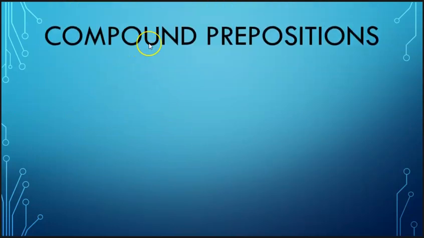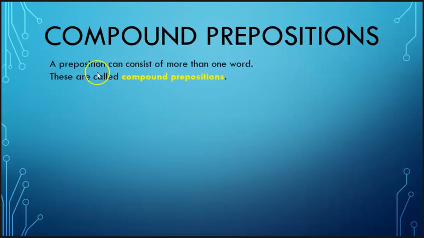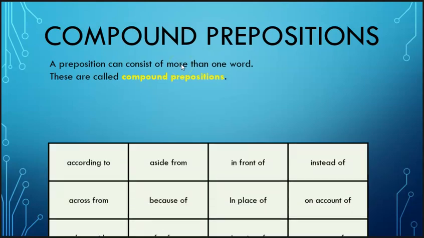Some prepositions are compound prepositions. A compound preposition consists of more than one word, sort of like a verb phrase. So you have a preposition that's made up of more than one word.